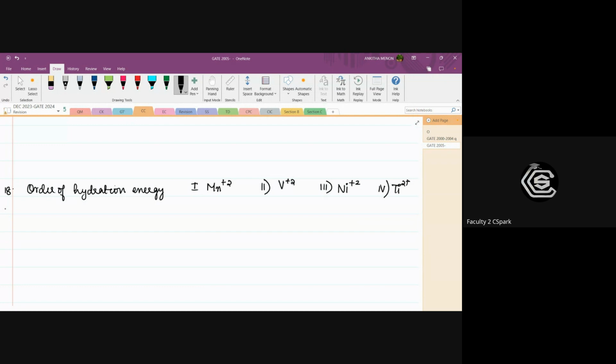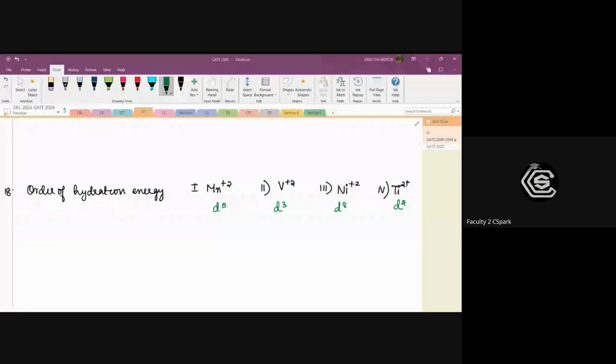Out of all these, this is going to be d5, this is d3, this is d8, and this is d2 for titanium.